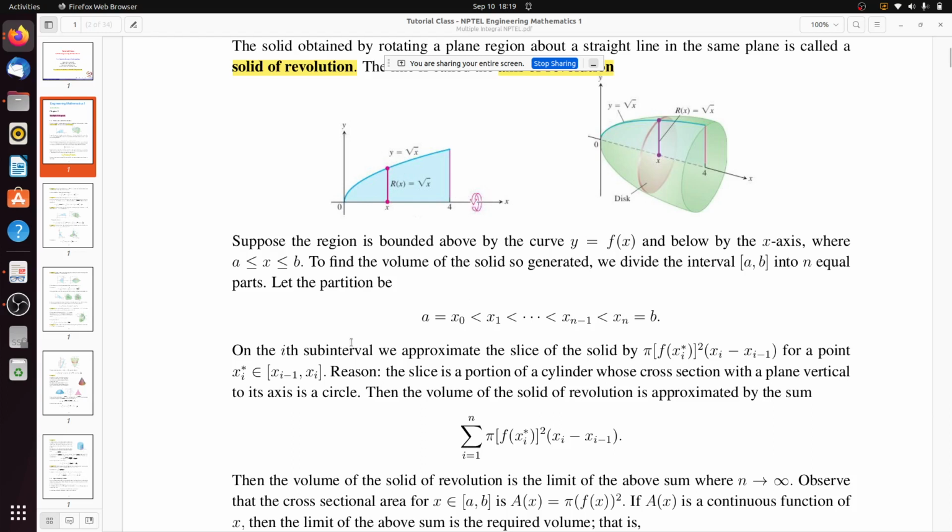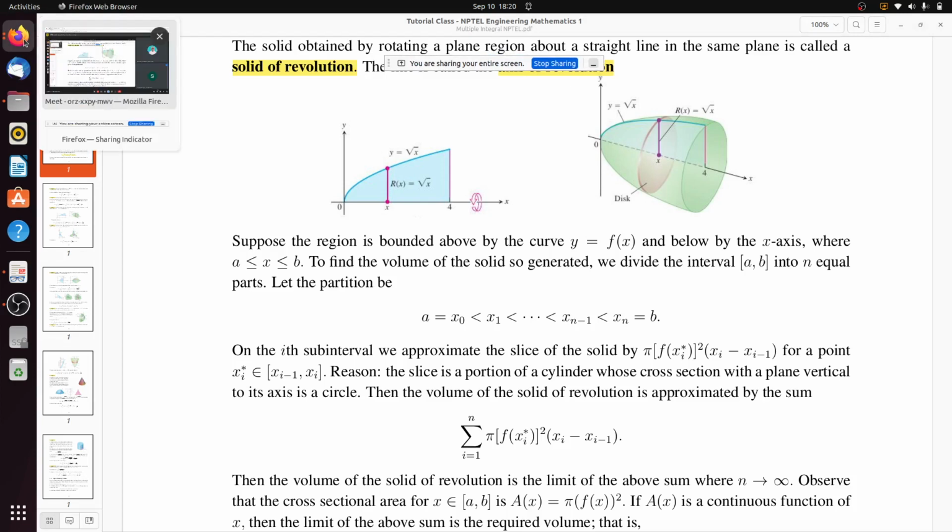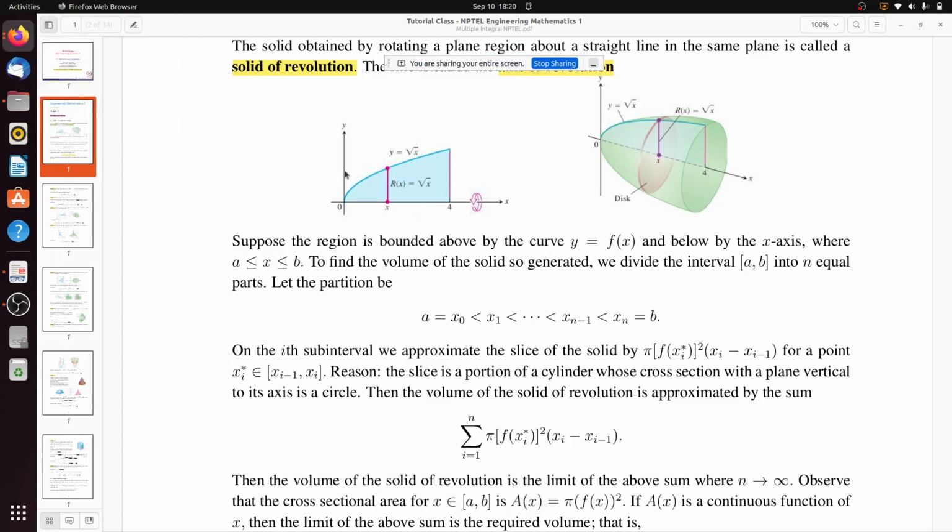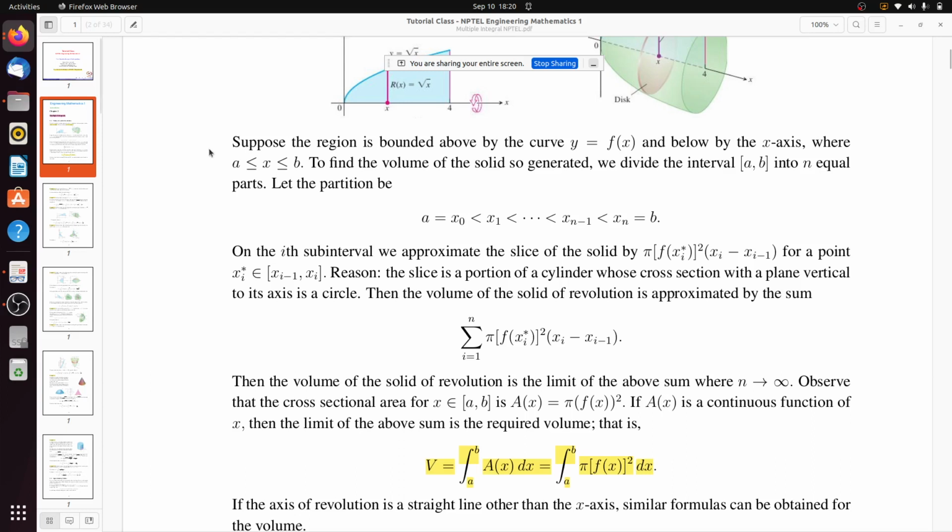While deriving the theory, we will use y equal to f(x) and below by the x-axis, where a is less than or equal to x and less than or equal to b.